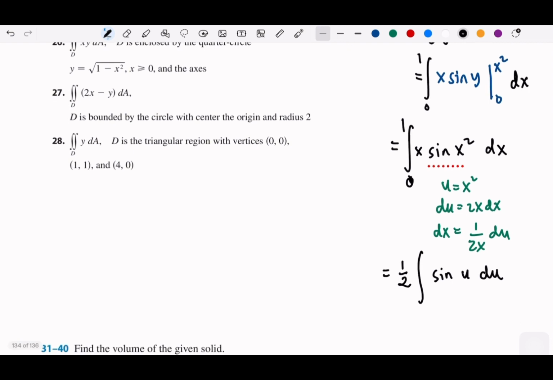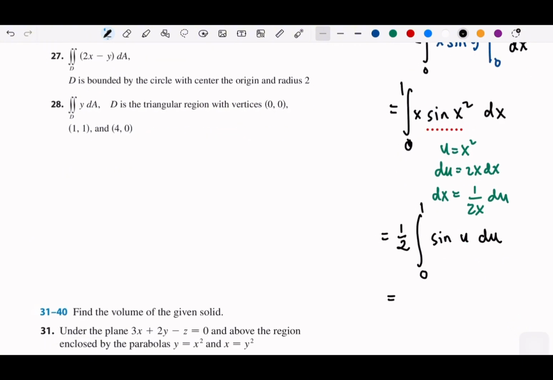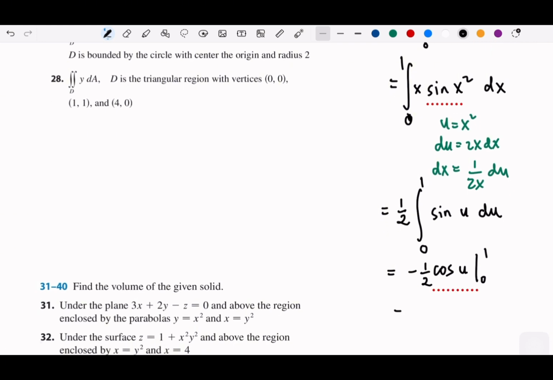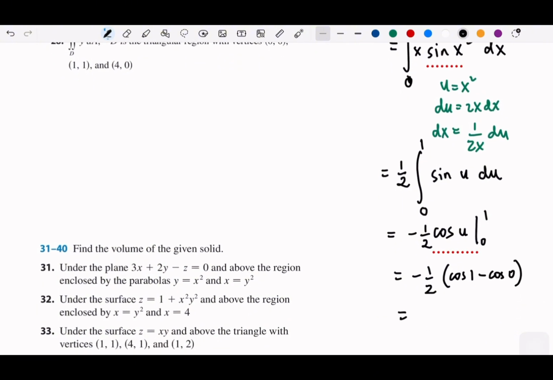So u is x squared, so still the same. And sine u integrates to negative cosine u, from 0 to 1. So this will be cos 1 minus cos 0.